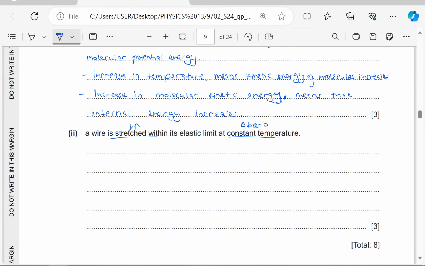So I'll start with the constant temperature part, and I will say constant temperature means no change in the molecular kinetic energy.